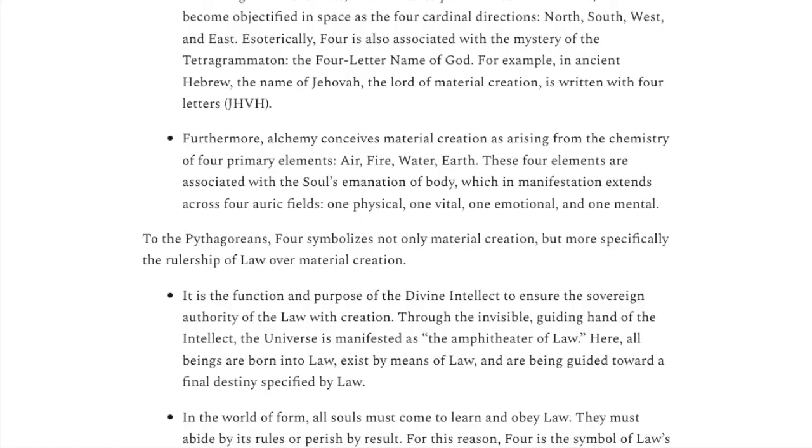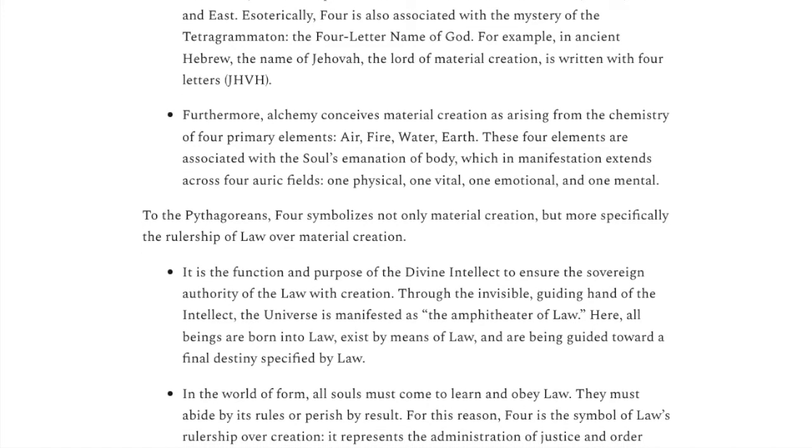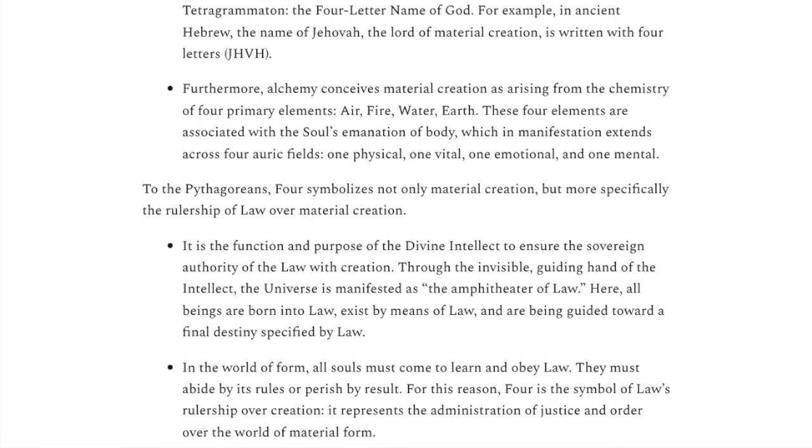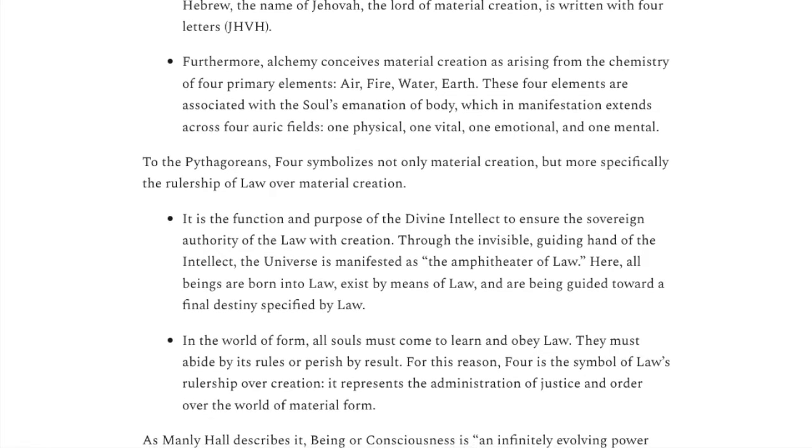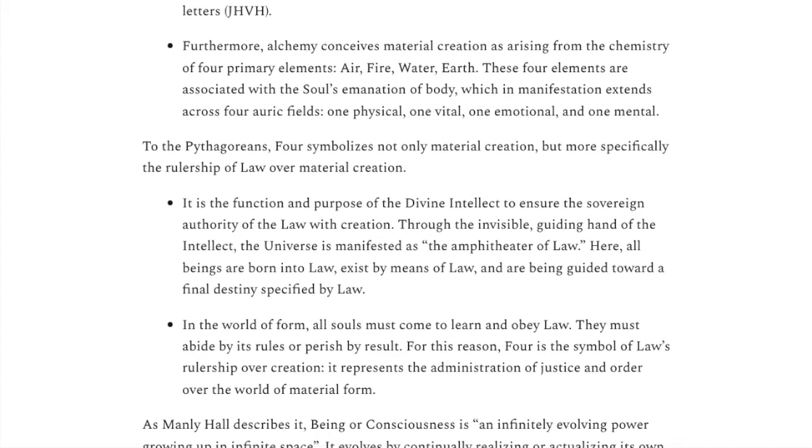material existence. To the Pythagoreans, four symbolizes not only material creation, but more specifically the rulership of law over material creation. It is a function and purpose of the divine intellect to ensure the sovereign authority of the law within creation. Through the invisible guiding hand of the intellect, the universe manifests, or is manifested, as the amphitheater of the law.